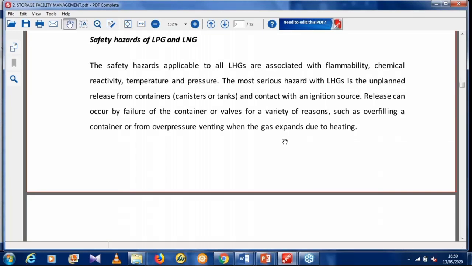So when we are operating in areas where we have such storage facilities, we avoid using metallic instruments or implements that will come in contact with metals.